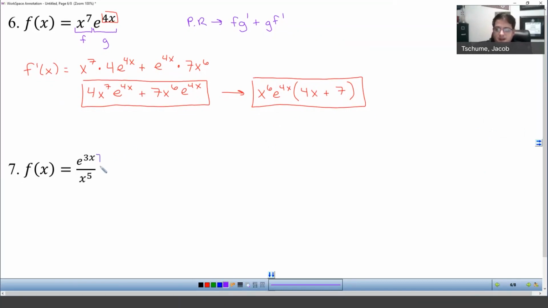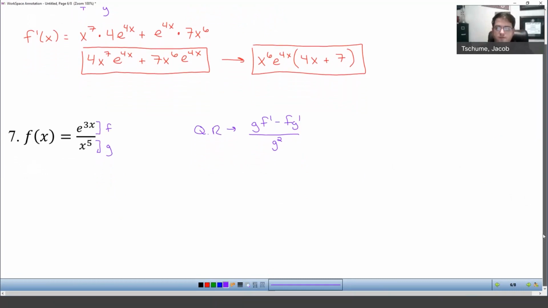So this time, as you can see, we have one function with x's on top, and one function on the bottom with x's, so we're going to apply the quotient rule. If I let the top be my f function and the bottom be my g function, I can define the quotient rule as g times f prime minus f times g prime, all divided by g squared.